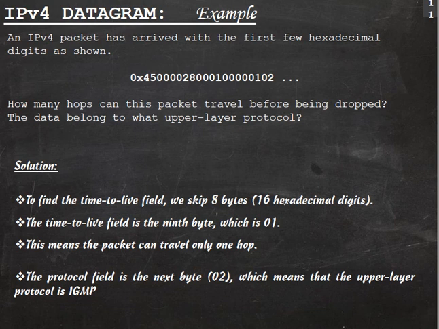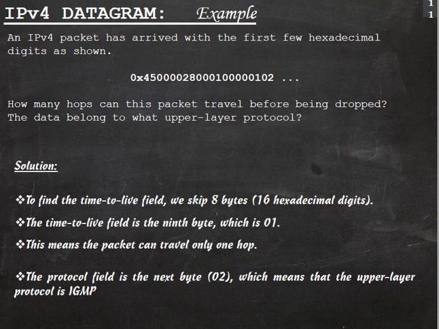Similar to the previous problem, the data that has been given is in hexadecimal format. Since you can see the x here, it indicates a hexadecimal number.